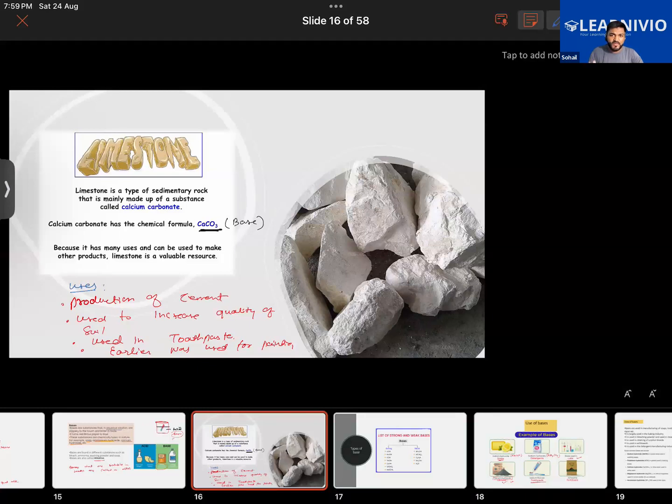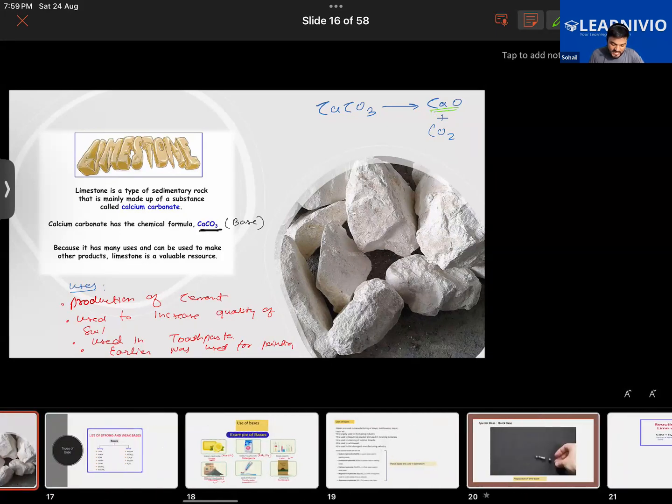What happens when we heat the limestone? The calcium carbonate, upon heating, breaks into calcium oxide plus carbon dioxide. So this is how it is obtained. When this sedimentary stone is heated, calcium oxide, that is lime, is obtained.